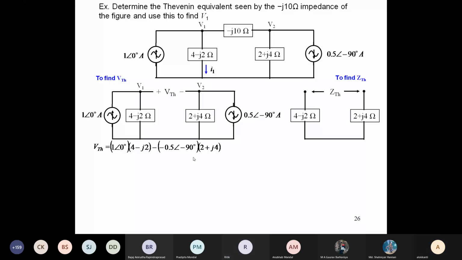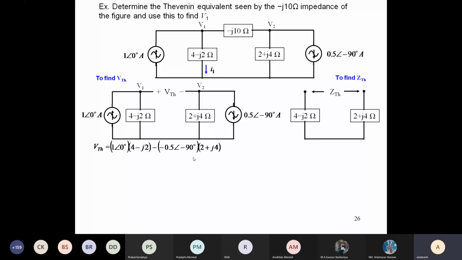Sir, why did that negative sign come? Please explain. Which one? The minus. Because the current is going out in that direction, the 0.5 angle minus 90. If I reverse that current, it becomes minus.